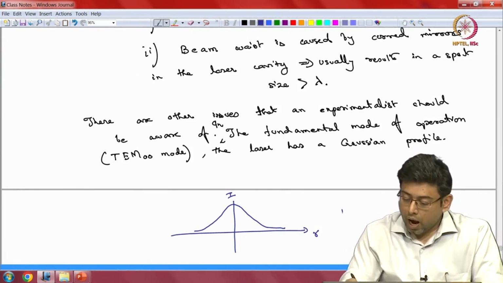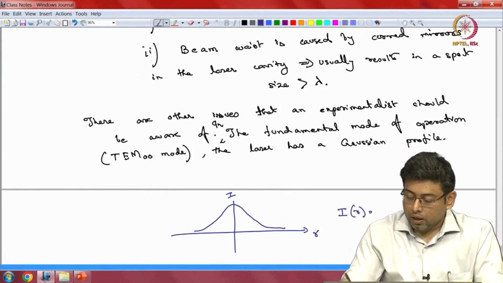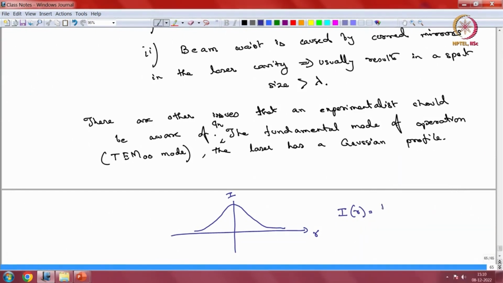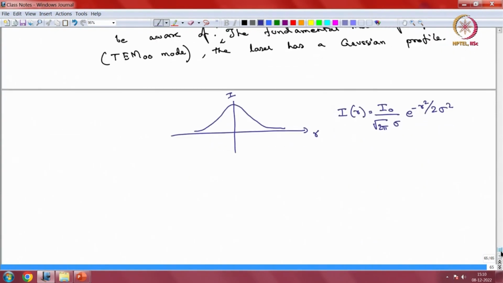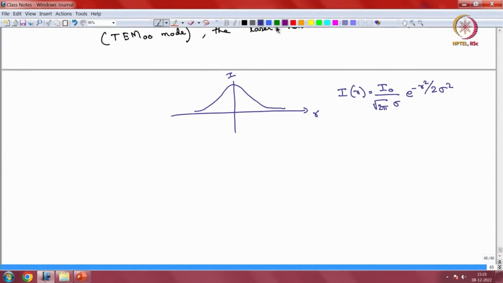So, your I(r) is given by some I naught by root over 2 pi sigma, e to the power minus r square by 2 sigma square. And this sigma value is usually specified by the manufacturer.